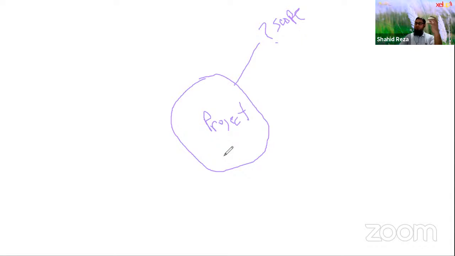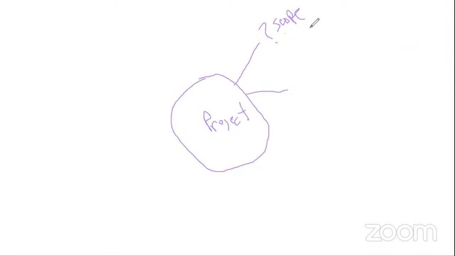So for the Padma project, what is the scope? The main scope is the bridge over the Padma river. In addition to that, there are other scopes also. So first, we have to define the scope. What are we going to do? That is known as scope.